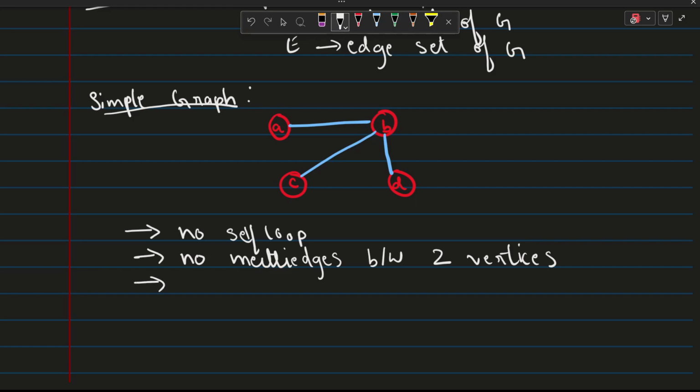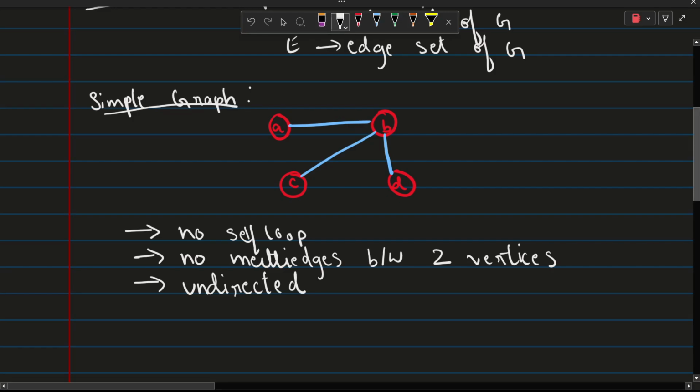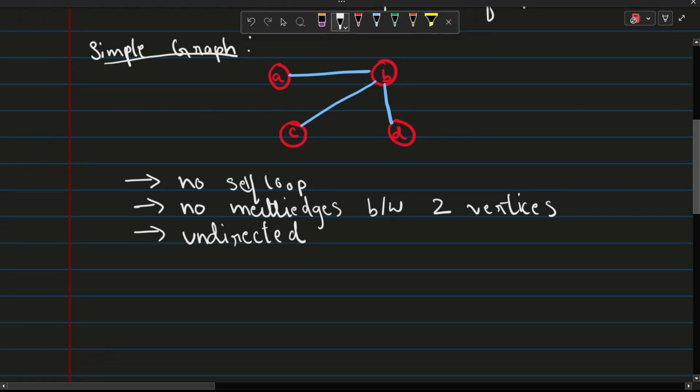And the last is, these simple graphs are undirected. That is, none of the edges are directing to any other vertex. So this is a simple graph.